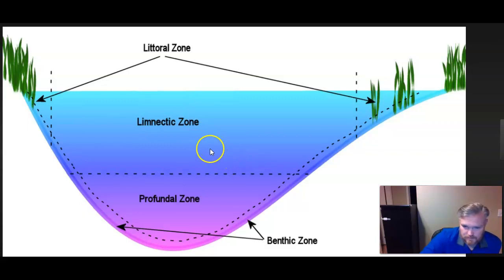Temperature is going to get a little bit lower usually because of light penetration, which means the heat can't get deeper into the column either. And then oxygen typically starts to deplete, especially as you enter the profundal zone.